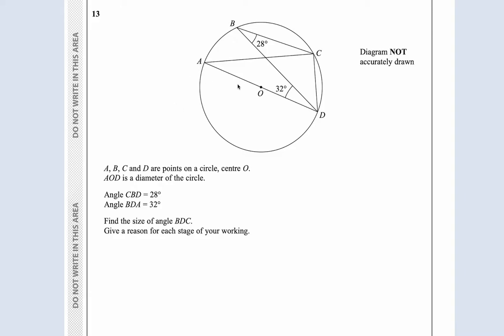Here we have a circle, the angles are given, and we want to find the size of BDC. So it's this angle that we are looking for here. This is angle BDC.